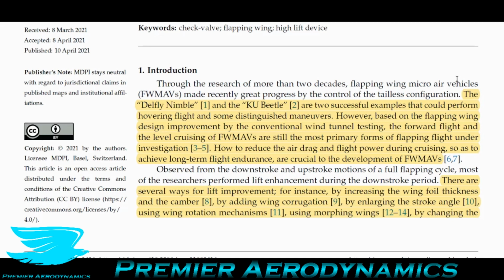To reduce air drag and flight power during cruise, so as to achieve long-term flight endurance, it's critical to further develop these flapping wing MAVs. In other words, what they're saying is these current methods of flapping flight work to some extent, but they're not that good. Whereas if you can mimic a bird more, then you can get more efficiency out of that.